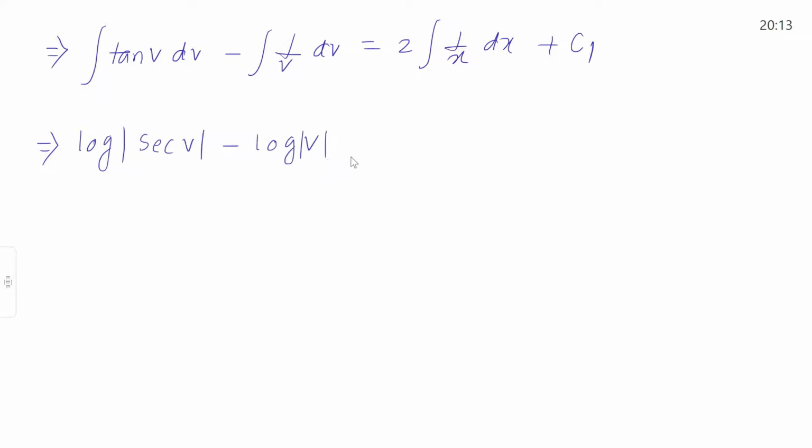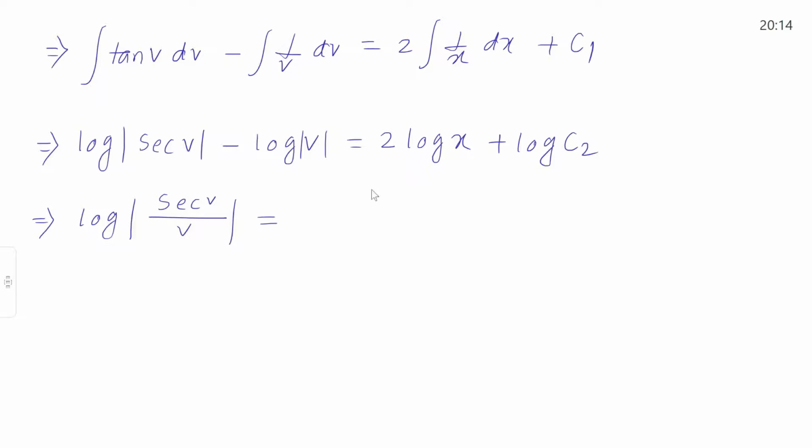Modulus you may give or may not be given here, is equal to 2 times of this is log of x, and plus, all the terms are having logarithms, therefore this constant can also be written in this way, log of c2 or log of c, no problem. This implies combine these two logarithms, I can write log of numerator is sec v divided by v, this is the left-hand side, is equal to 2 will go here as log of x square.